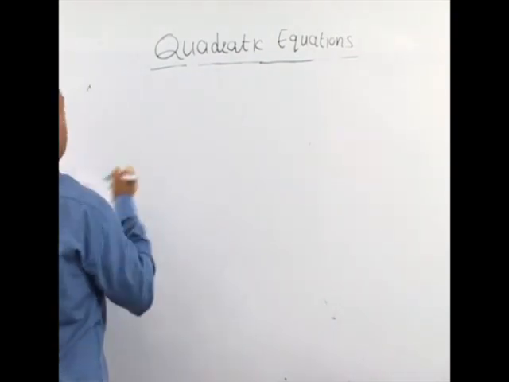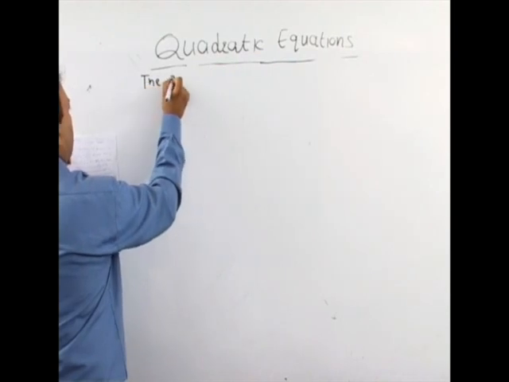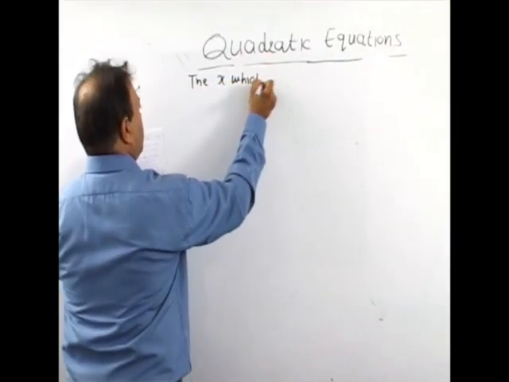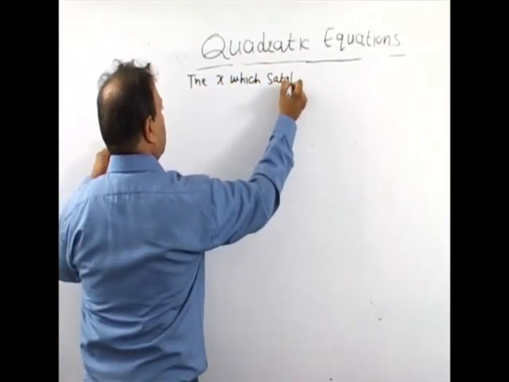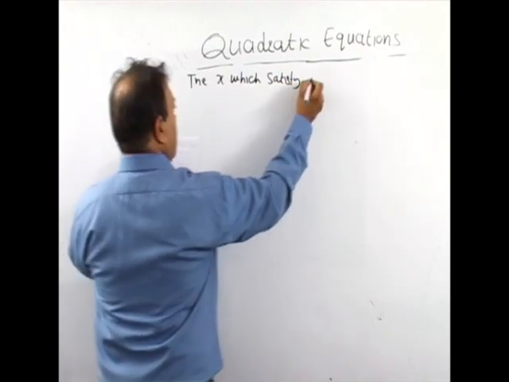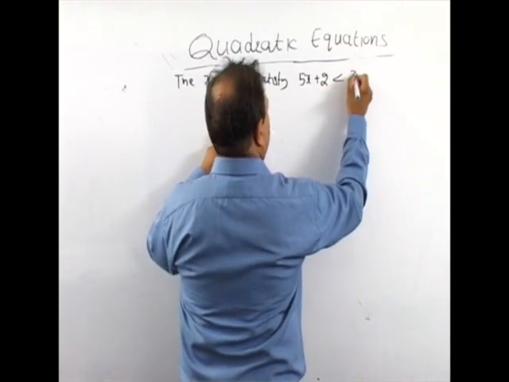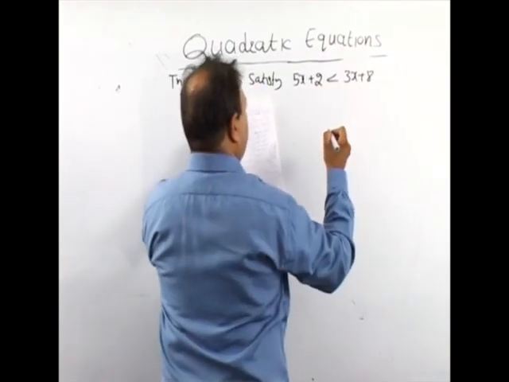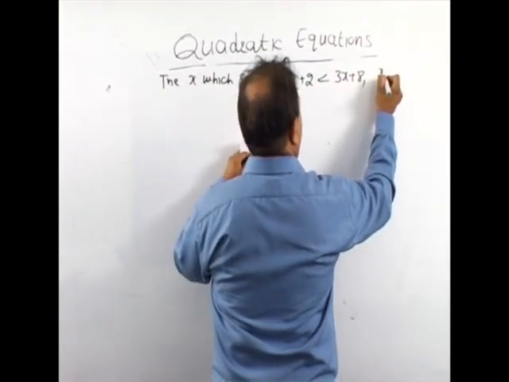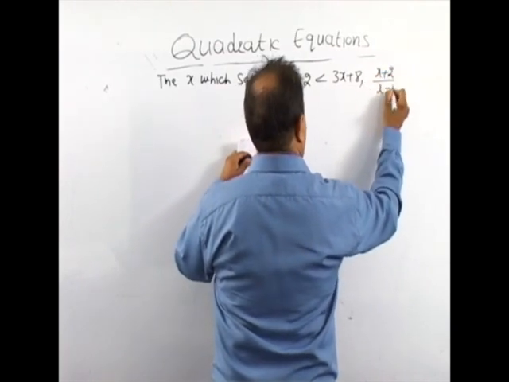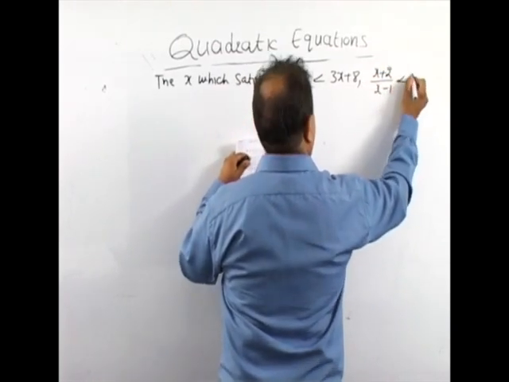The x which satisfies 5x plus 2 less than 3x plus 8, comma, x plus 2 upon x minus 1 less than 4.